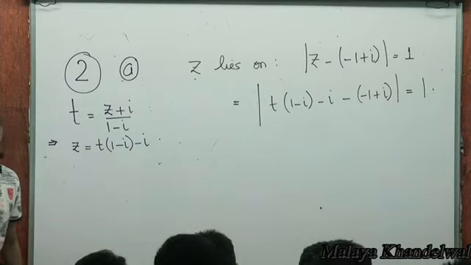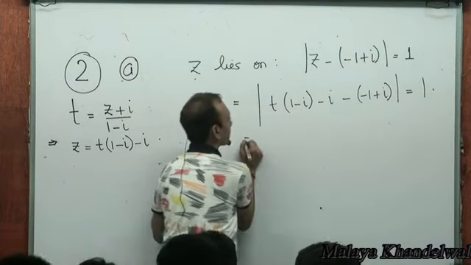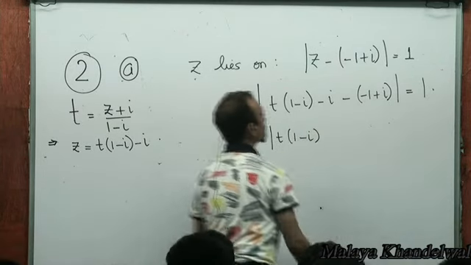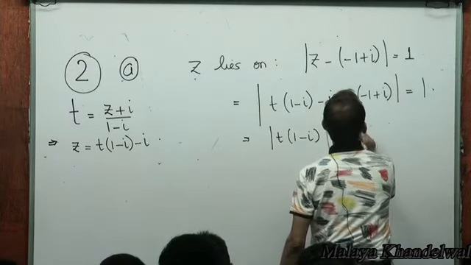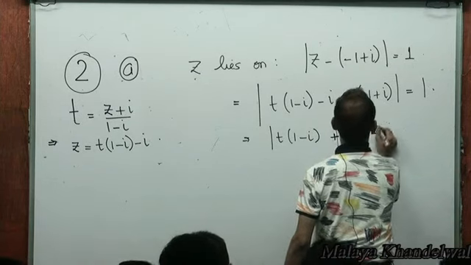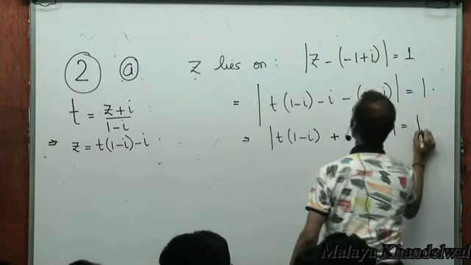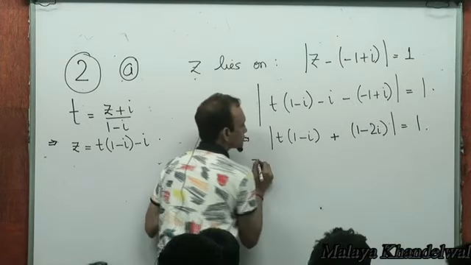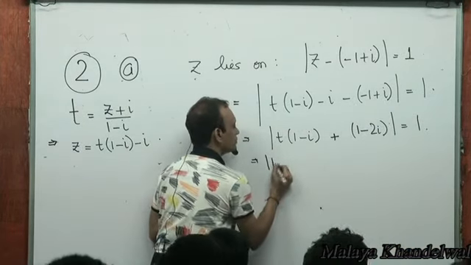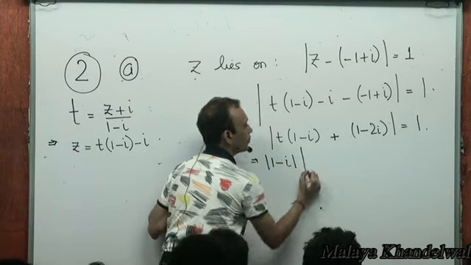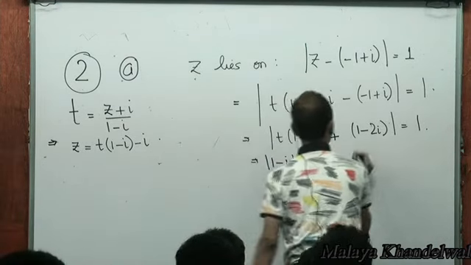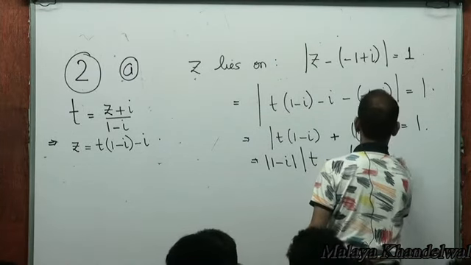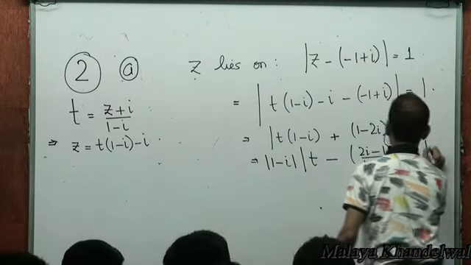Z to t, which is mod of t into 1 minus I plus 1 minus 2I equal to 1. I take mod 1 minus I common, mod of t minus 2I minus 1 by 1 minus I equal to 1.